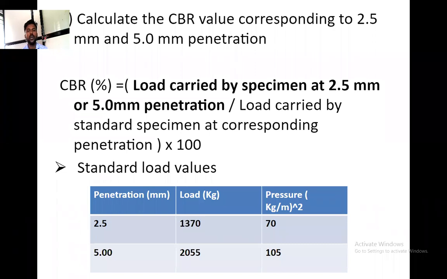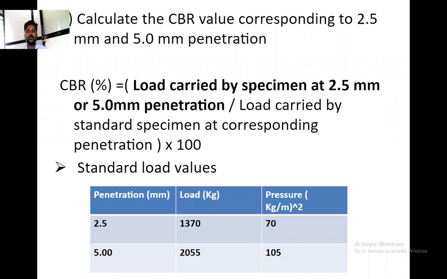It means, if we are dealing with 2.5 mm, then we have to go for the standard load of the standard specimen at 2.5 mm penetration. And if we are dealing with 5 mm penetration, then we have to go for the corresponding standard. And the whole into 100, to calculate the CBR in percentage.